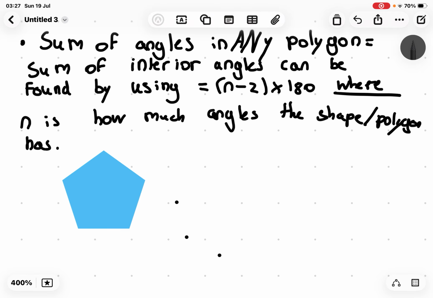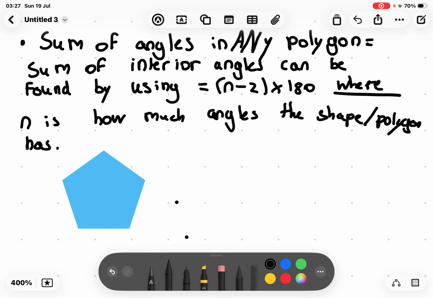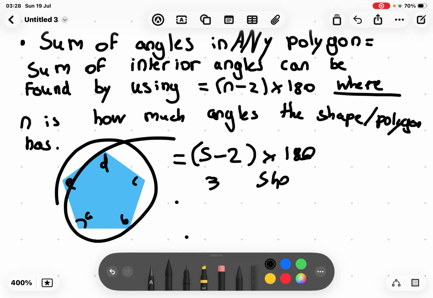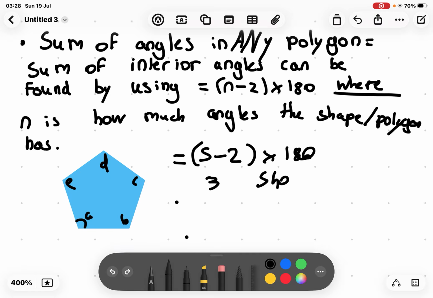So we have A, B, C, D, E. All of this equals 5 minus 2, times 108. So that would be 3 times 180, so that would be 540. So all of these equal 540 degrees.